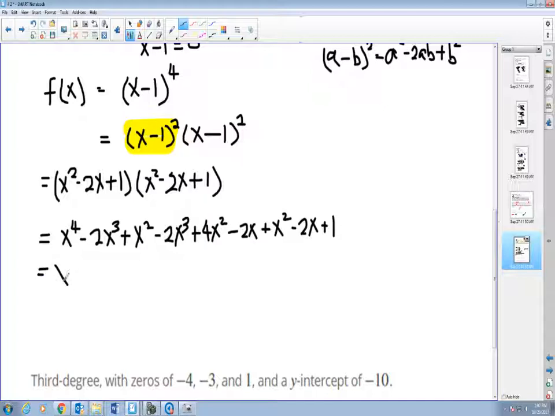Alright, combine like terms. So x to the 4th, still x to the 4th. Third power next: negative 2x to the 3rd minus 2x to the 3rd, negative 4x to the 3rd. Alright, x squared: 1x squared plus 4 more x squared plus 1 more x squared, that will be positive 6x squared.